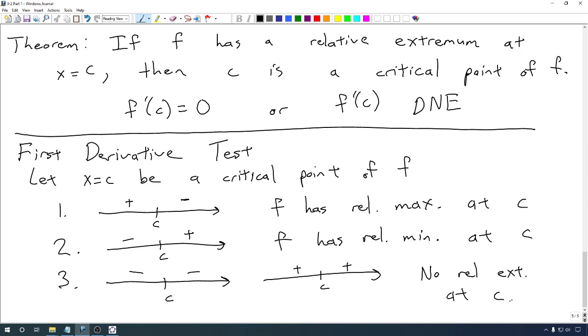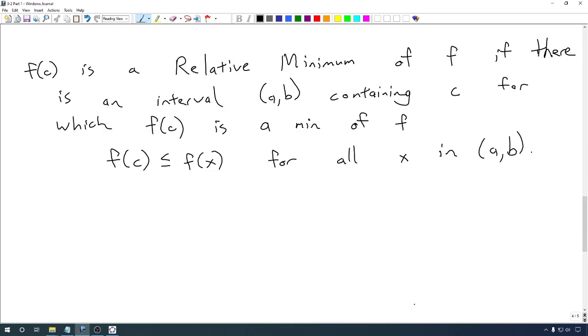We just don't have a relative maximum or a relative minimum. Usually what that means is that the function stops for a second before continuing on where it was going before.